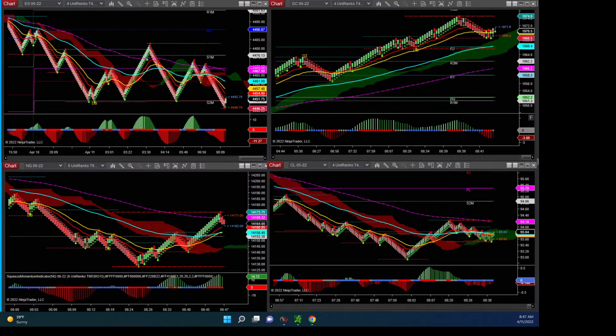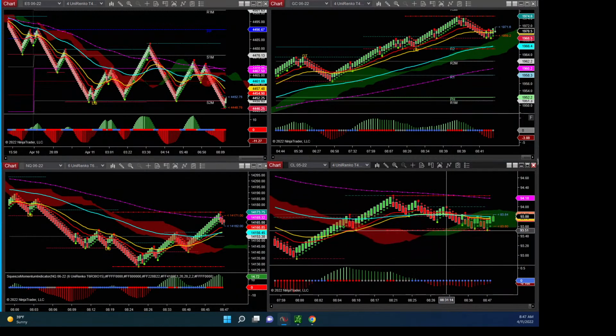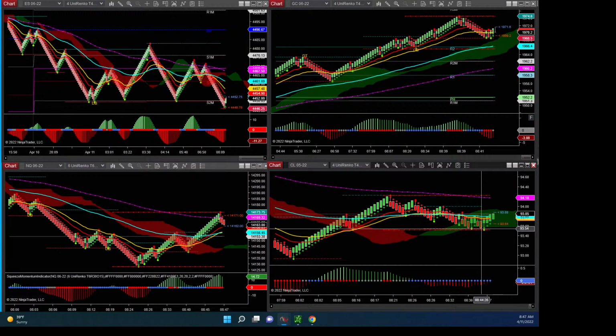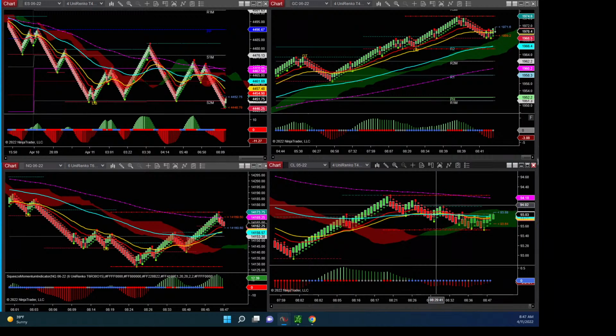See, crude is tricking people right here, right? So it went all the way up, then lower high, lower lows, all the way down here, and now it's bouncing again, but it's in the cloud. And so you are still in consolidation.